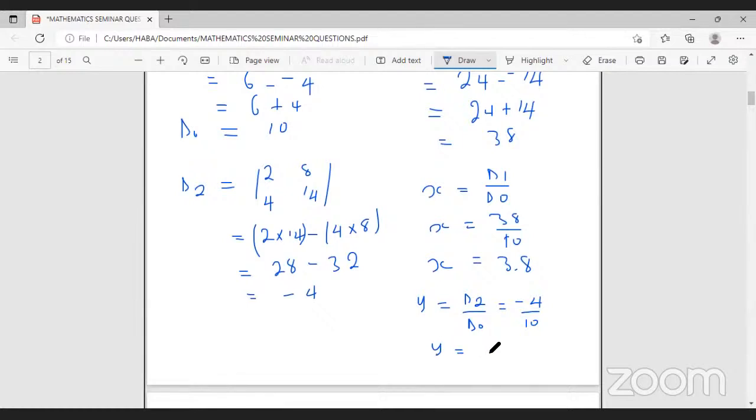If I divide by 2, I get negative 2 out of 5. So that's the answer.